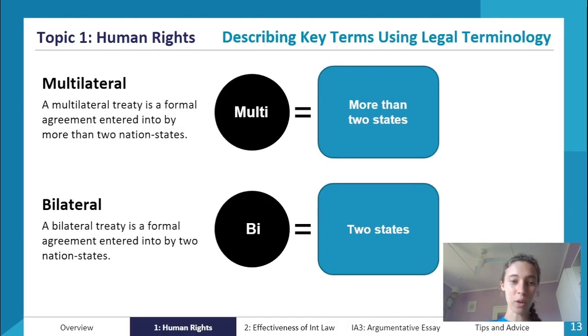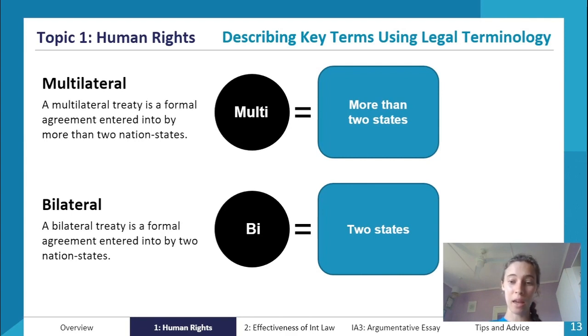Okay, so we've got different types of treaties: multilateral and bilateral. Hopefully we're familiar with those terms, multi and bi. Both of them are formal agreements entered into by nation states. A nation state is just the same as a state.